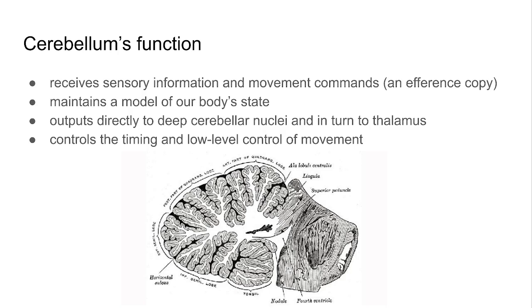And there's no single thing that the output of the cerebellum is used for. We should think of it as being outputted throughout the cortex, and in various regions of the brain it has different functions. Something we know is that the function of the cerebellum is localized.